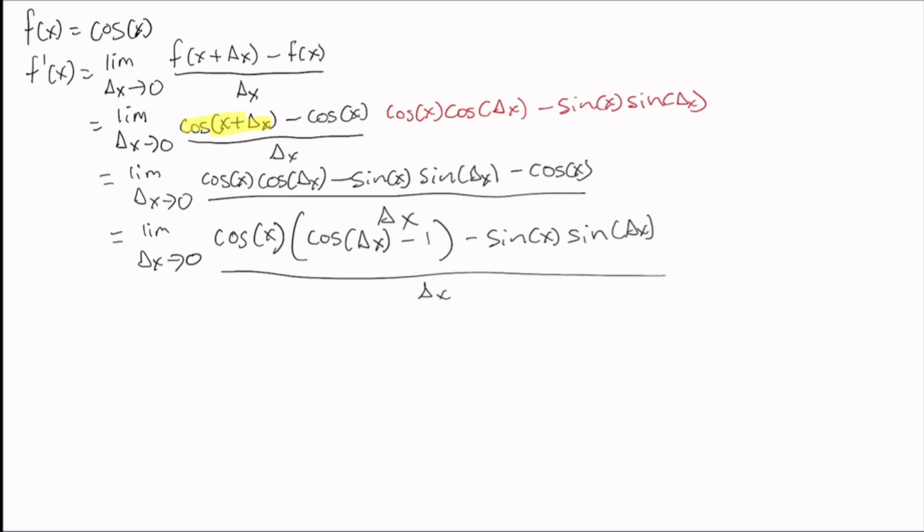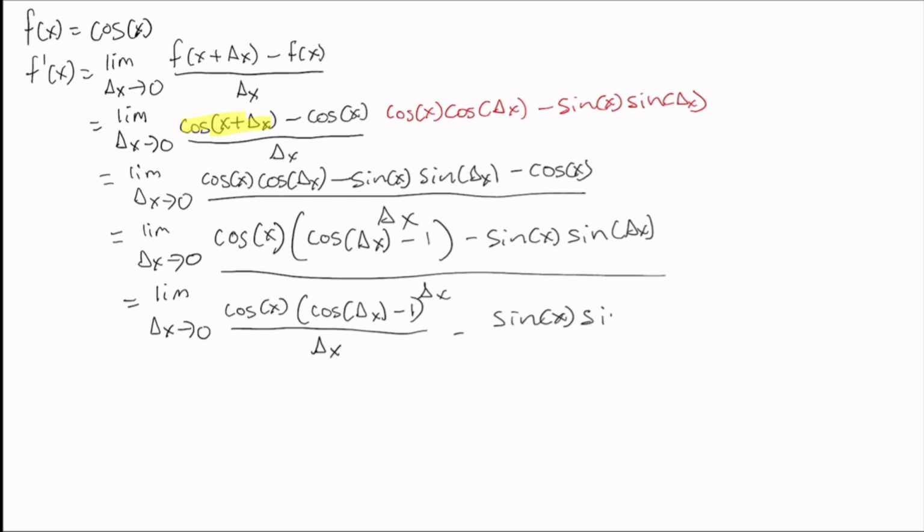So here we can just split this into two separate fractions. So we say the limit as delta x approaches 0 of cosine of x times cosine of delta x minus 1 all over delta x, minus sine of x times sine of delta x all over delta x.